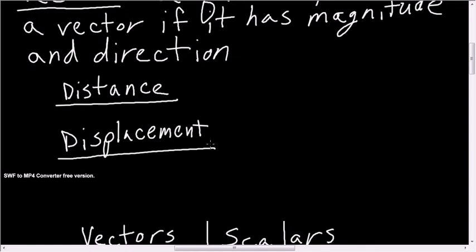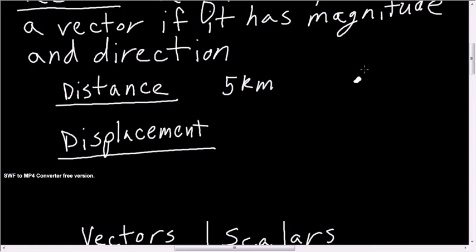Okay, so when I'm talking about distance, I could say it's 5 kilometers from here to downtown. Okay? So if I told you it was 5 kilometers from here to downtown, I could be anywhere.